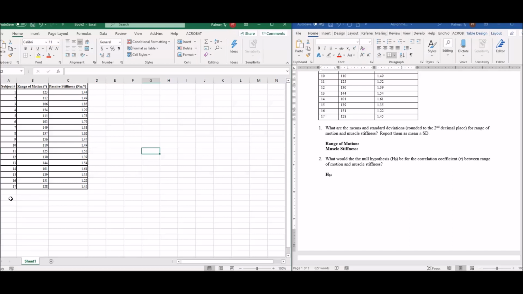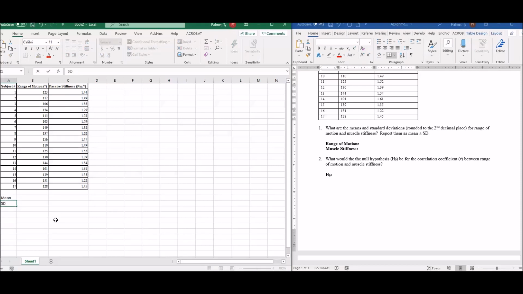And so, just like we did before in a previous how-to video, I'm going to record all of the statistics that we calculate down below the data. So I'm going to type in here mean, and then down below I'm going to type in standard deviation.